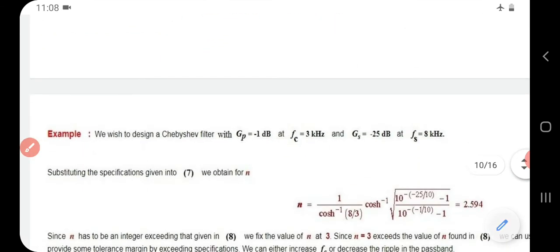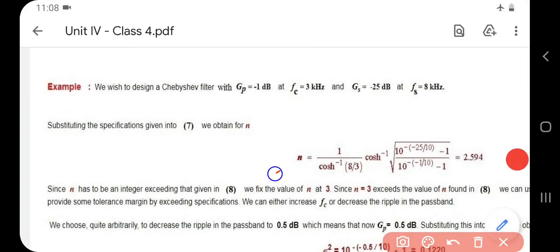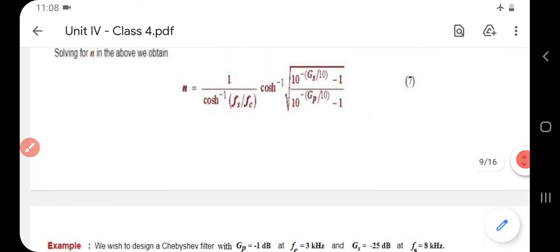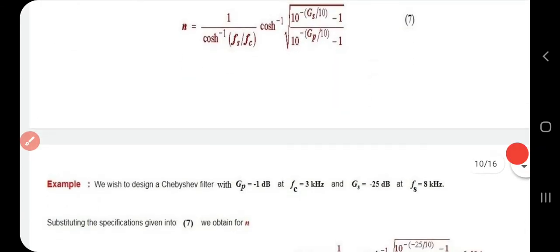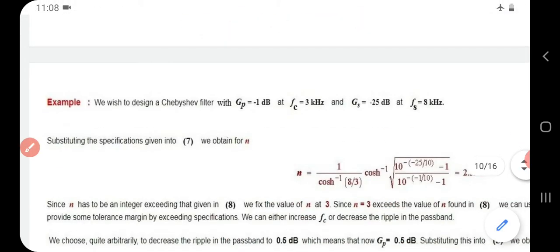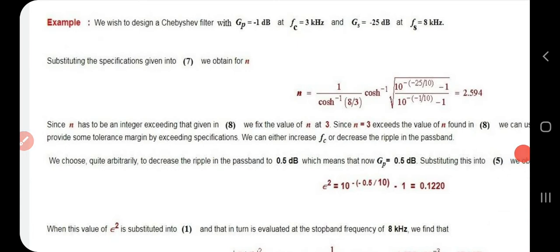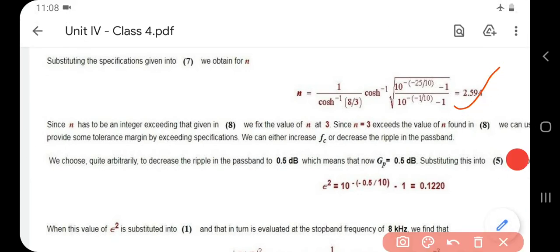See, the specifications are all given, and you know the formula for n. So write that formula and substitute the values given in the question. You will get the value of n as 2.593. As said, this cannot be in decimals, it should be an integer. The integer nearest to 2.593 is 3.